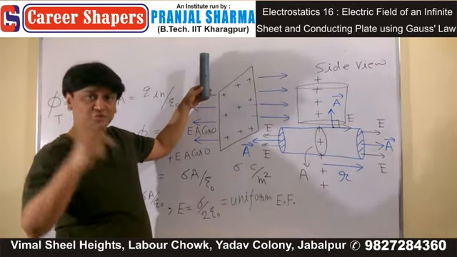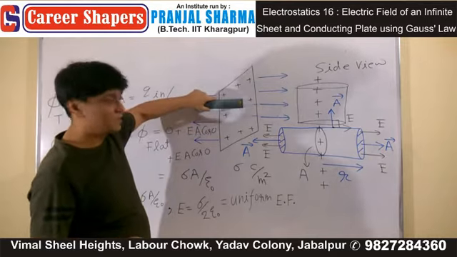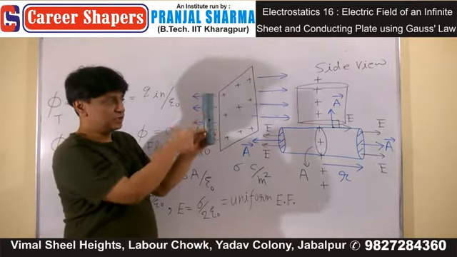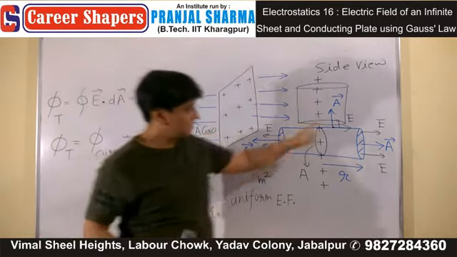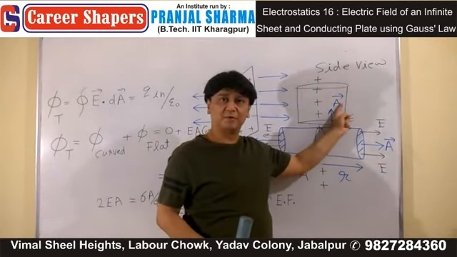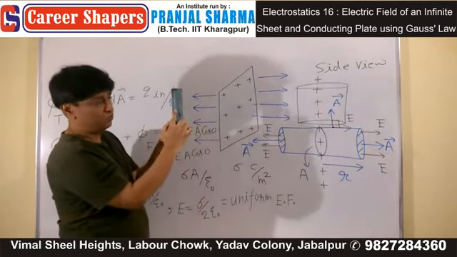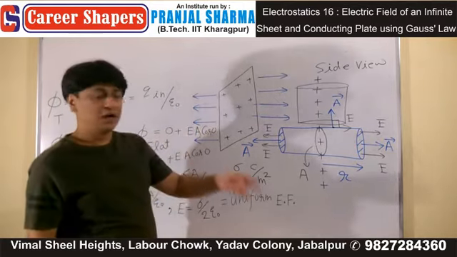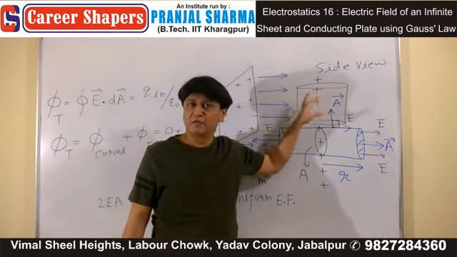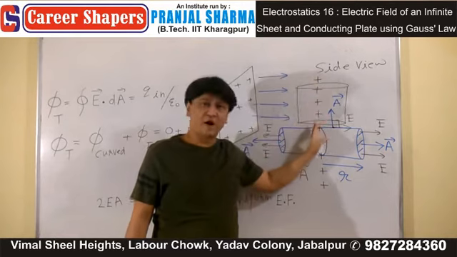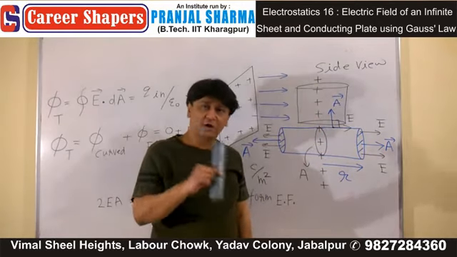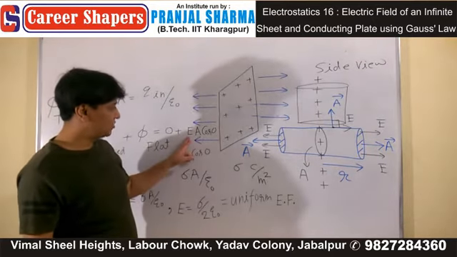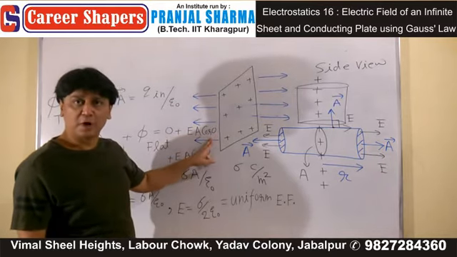The question is what if you hold it vertically instead of horizontally. If somebody holds it like this, then these points, their distance is maximum. But as you move along the surface, ultimately you will reach near the infinite charge itself, and therefore you cannot write electric flux in terms of E into A.